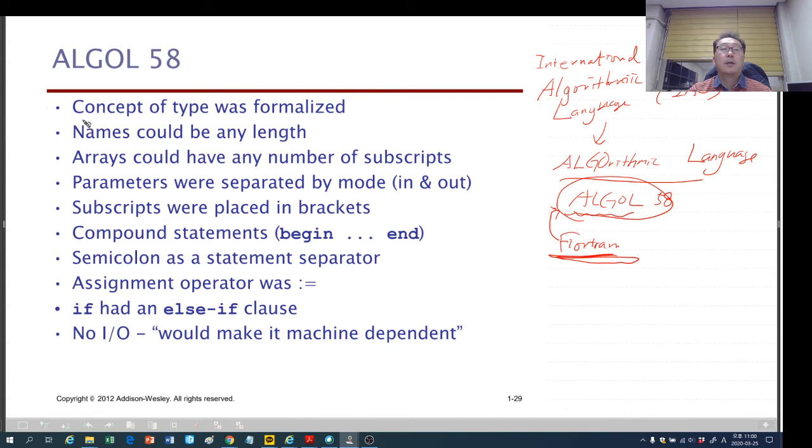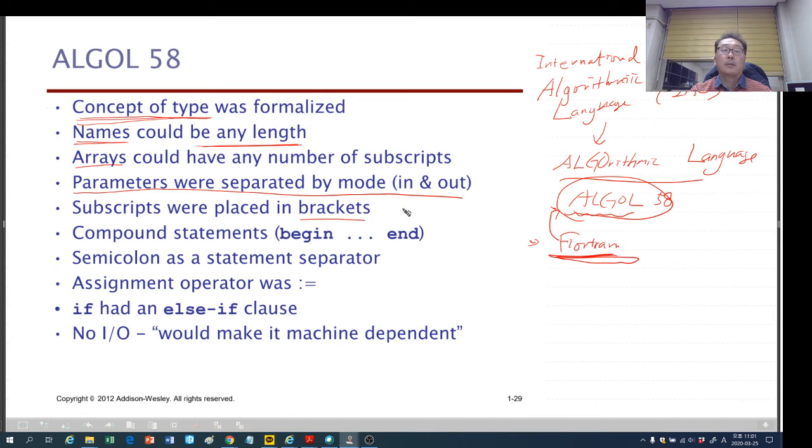For example, in Algol 58, there is some concept of type. The type concept was formalized, and the variable name could be any length. In Fortran we were limited to 6, but here the variable name could be any length. Arrays could have any number of subscripts, and parameters were separated by mode, in and out.